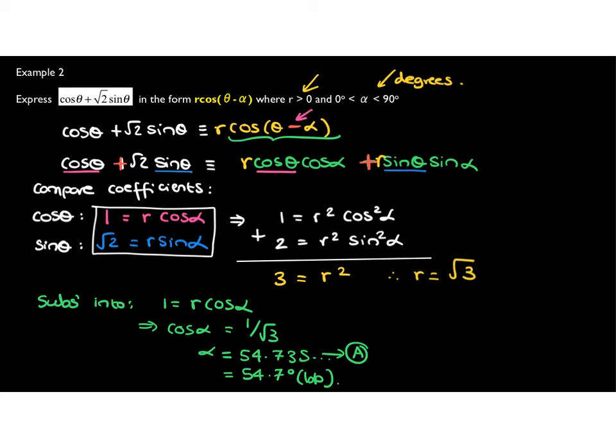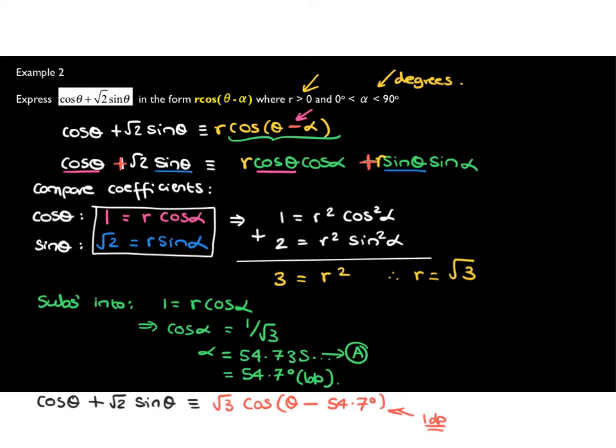So now we can say that our original combination, cos theta plus root 2 sine theta, can be expressed as root 3 cos theta minus 54.7 degrees, with of course that angle given to 1 decimal place.